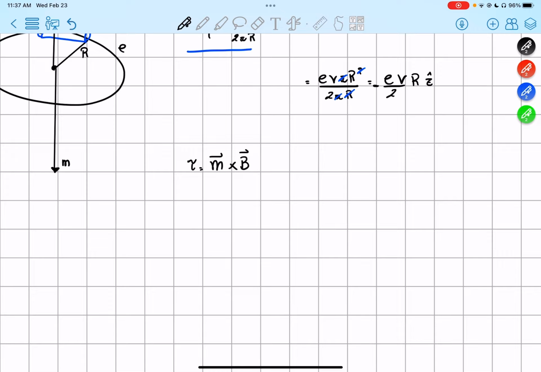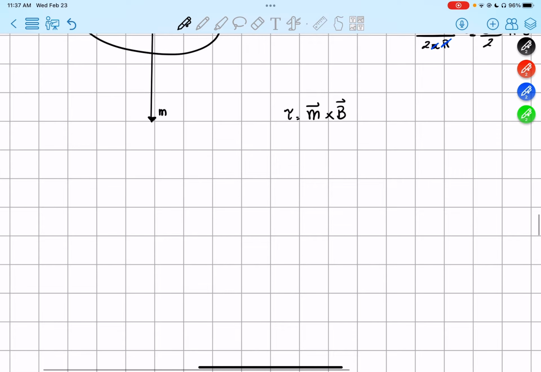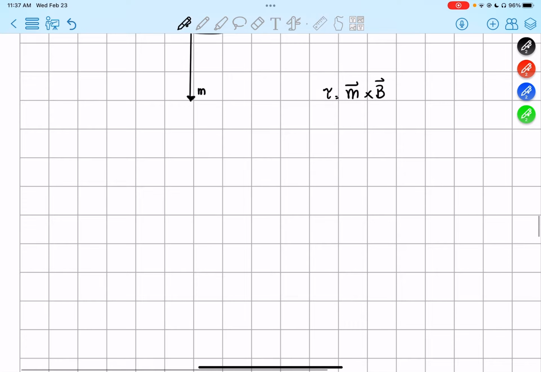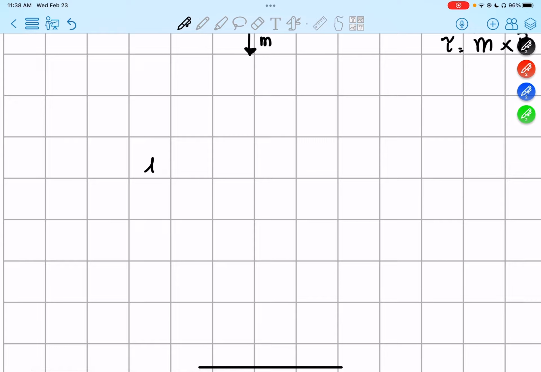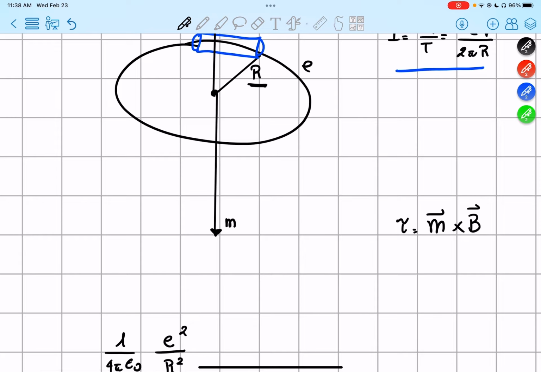Now the electron is affected by different forces, first of all by the electric force and by the magnetic force. So let's start with the electric force. Using the electric force, we know that the formula is equal to 1 over 4 pi epsilon naught, and then the charge of the electron times the charge of the electron, which we know is the same charge. So we can just say E times E, or E squared, over the distance squared, which will be r squared because the orbit has radius r.